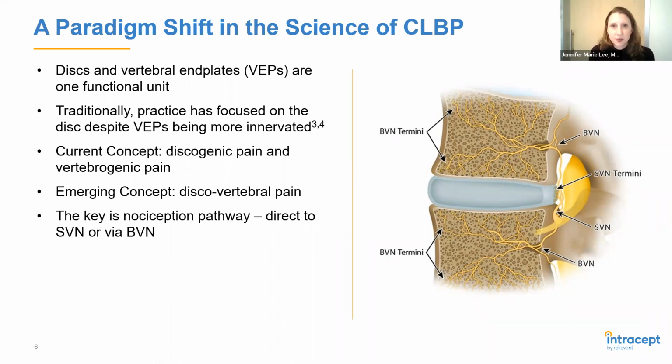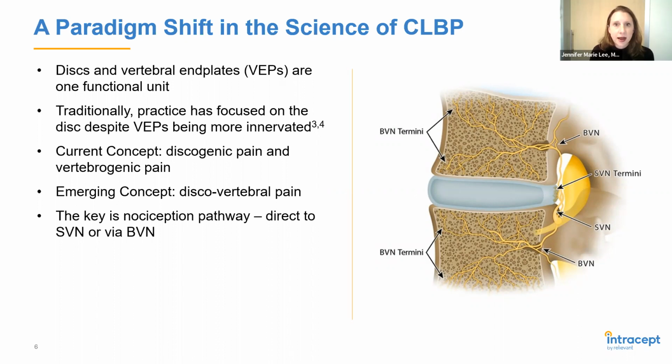The Relievant folks were not responsible for marking out the anatomy. The anatomical knowledge already existed, and they designed this ablation procedure around it. It's converting the treatment focus from the disc to the vertebral end plates, and specifically to the basivertebral nerve.